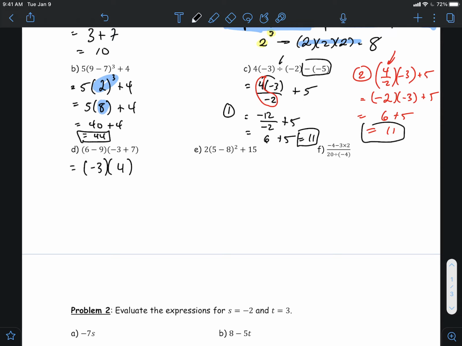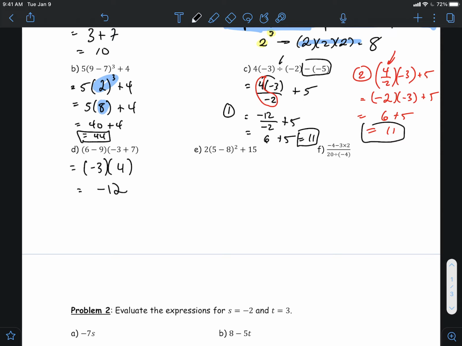Okay, and then now you could go -3 times 4, which is -12. Okay? 2 times, what are we going to do here? Ooh, good question. Mr. Poling knows what he's doing.